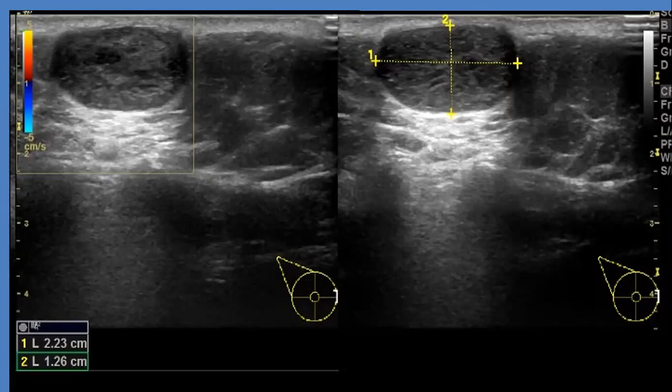To look at the rest of the differential diagnosis, we first exclude the dermal. Why exclude the dermal?